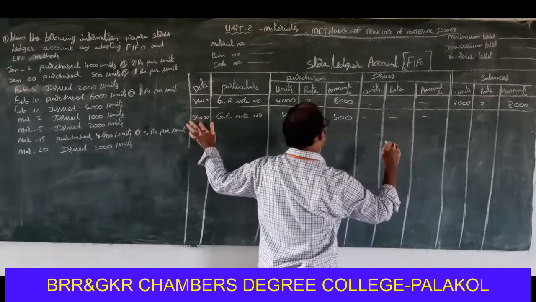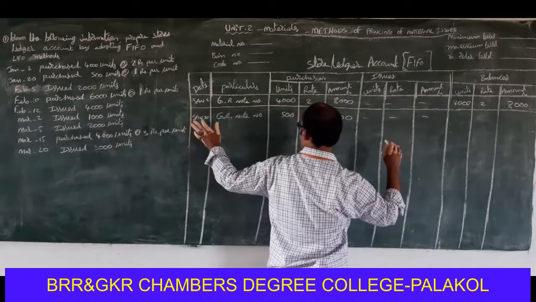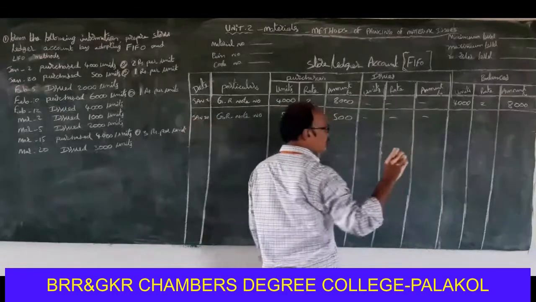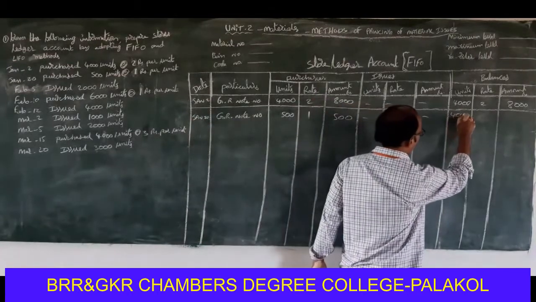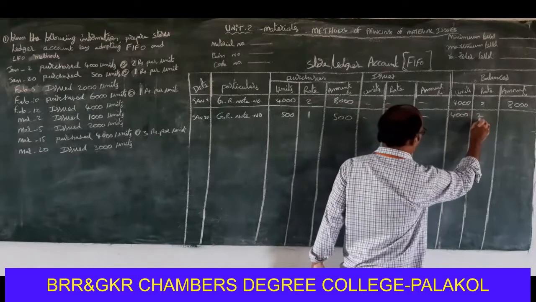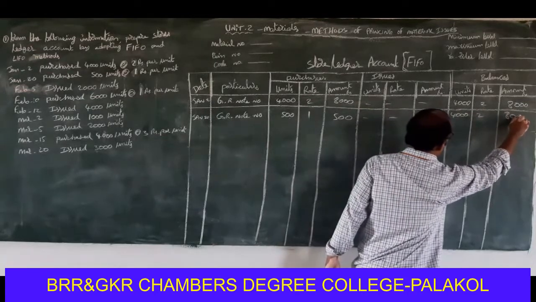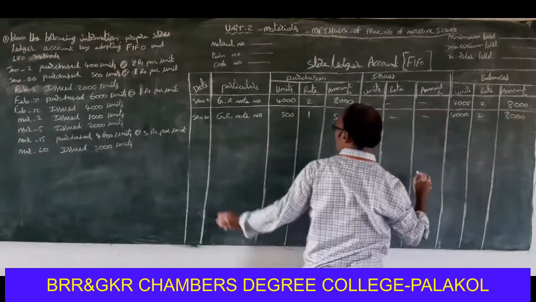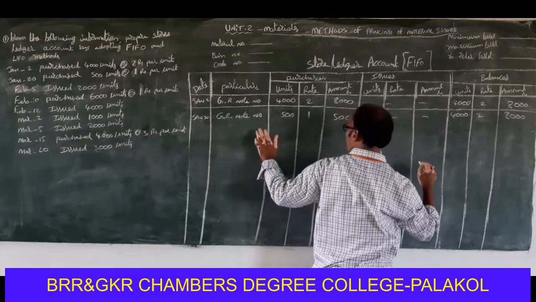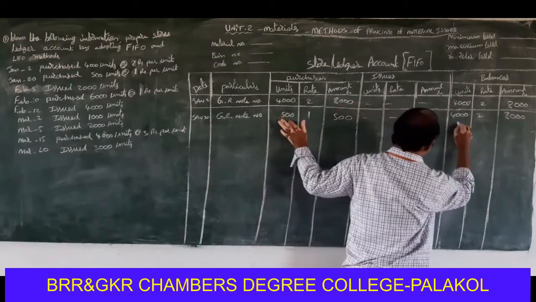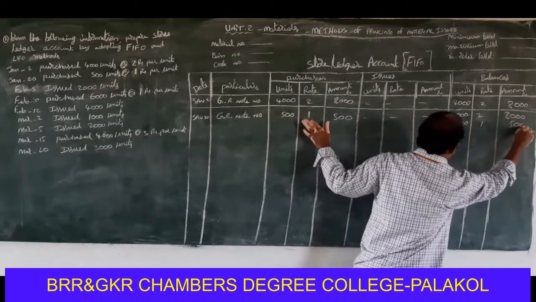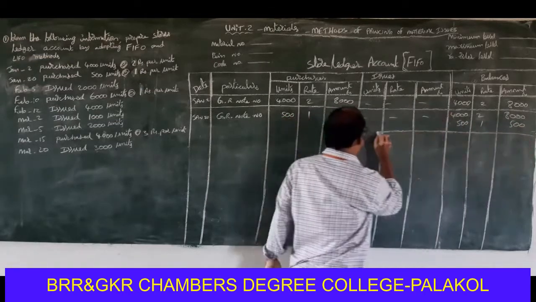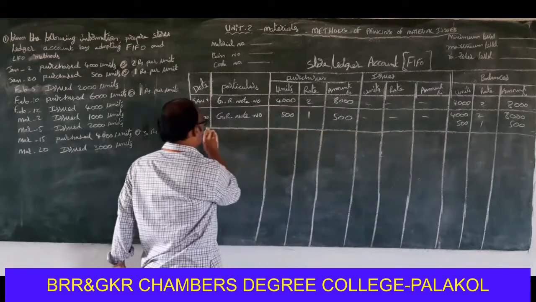At the end of January 20th, two types of material are there. One is the 4,000 units purchased earlier at the rate of 2 rupees per unit, 8,000 worth of material available in stores. On January 20th, again purchased 500 units at the rate of 1 rupee per unit, so 500 rupees worth of material is there.